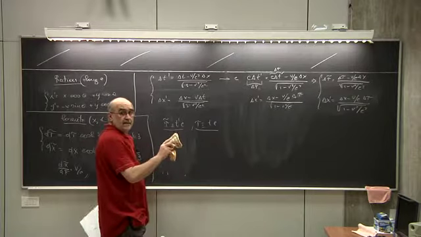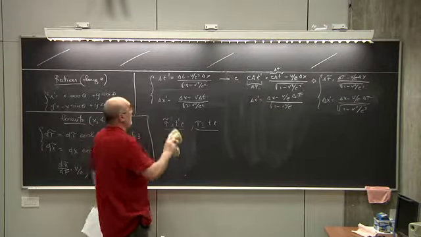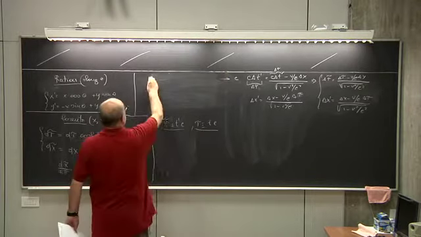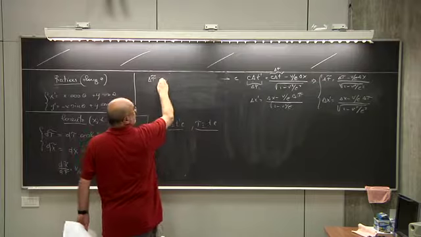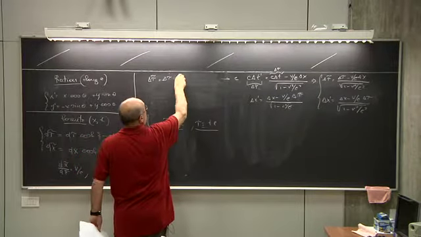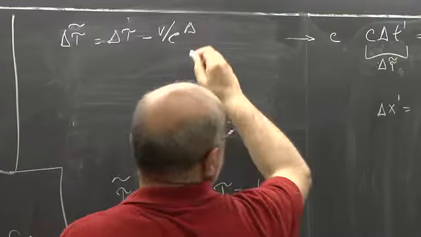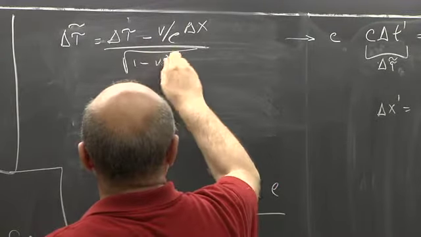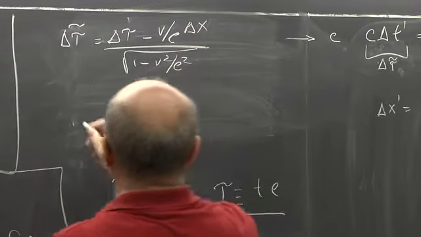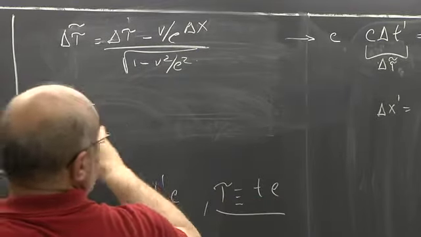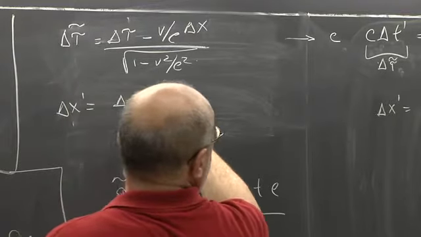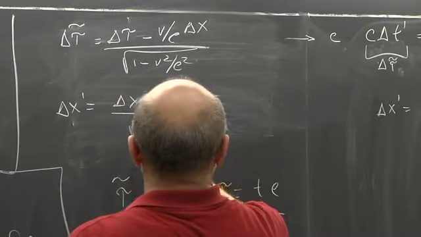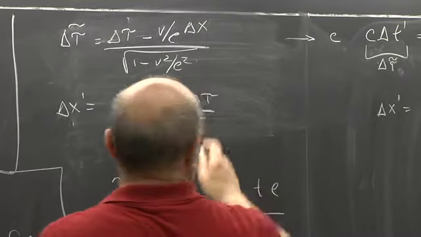Can I cancel? So delta tau tilde is equal to delta tau minus v over c delta x over square root of 1 minus v square over c square, and delta x prime is equal to delta x minus v c delta tau over square root of 1 minus v square over c square.